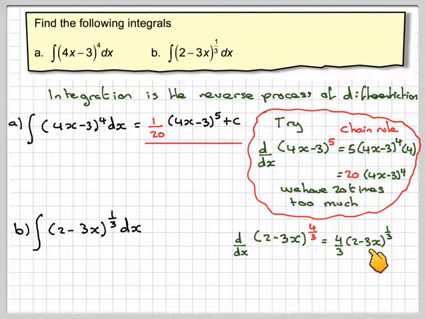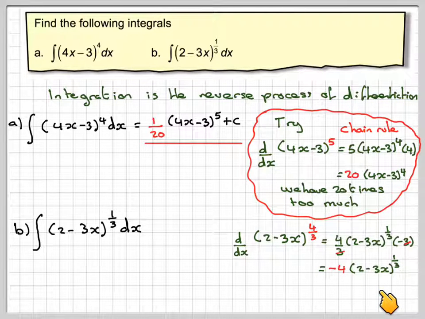Then we need to differentiate the bracket to get a minus 3, and then combining this, the 3's will cancel, and we're just left with a minus 4, (2 minus 3x) to the 1/3.